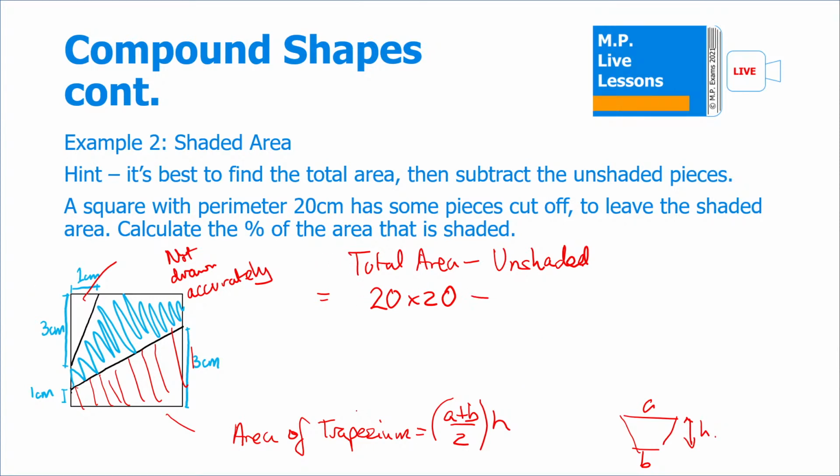And then we'll take away this trapezium. This height here is actually 20. And we've got a little triangle cut off at the side, which is the base times height.